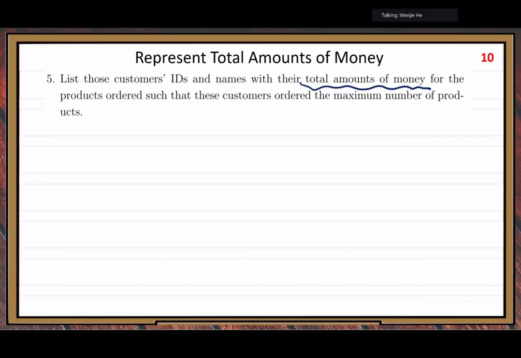So you need to calculate, take the sum of the items multiplied by the corresponding price, for different products, all ordered by one customer.